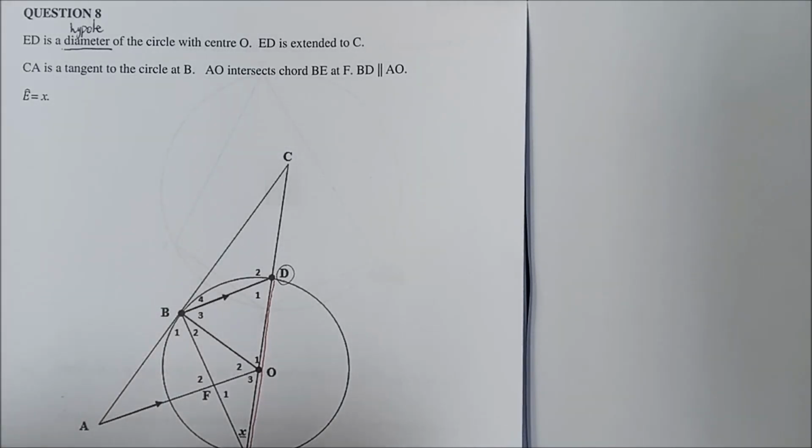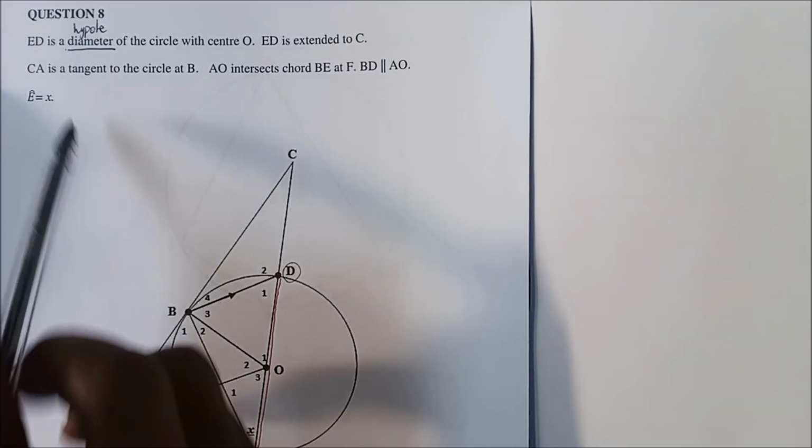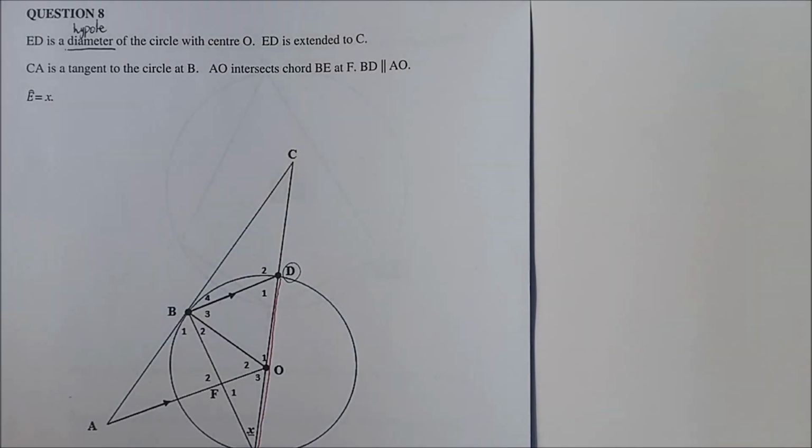So the given part, remember, in trigonometry, the given part is very important. Now if you look at your given part, they are saying ED is a diameter, and you have to remember that by diameter we're referring to the hypotenuse.